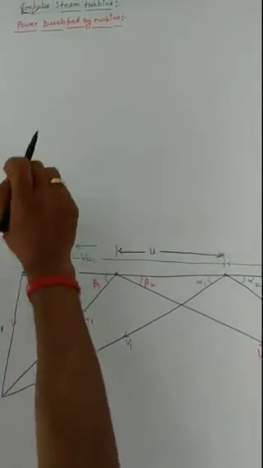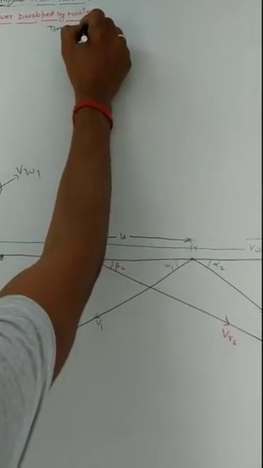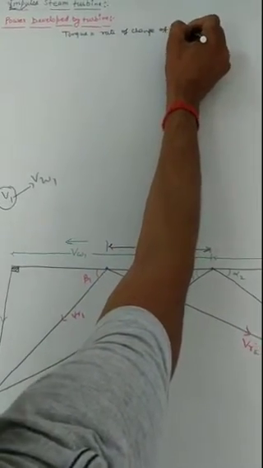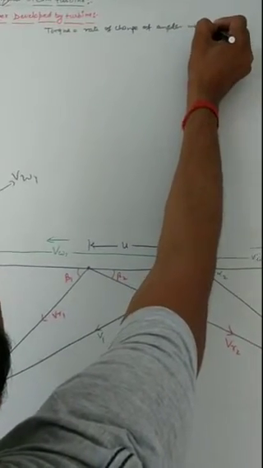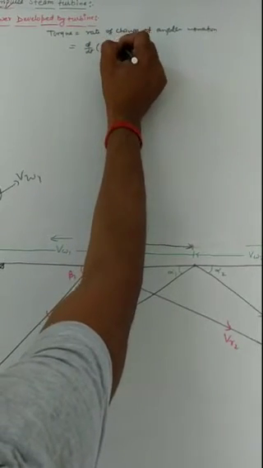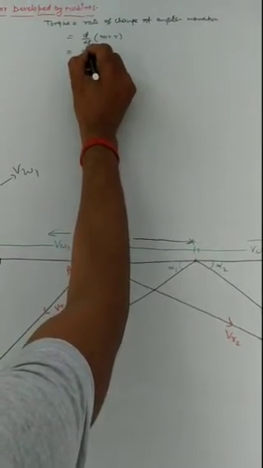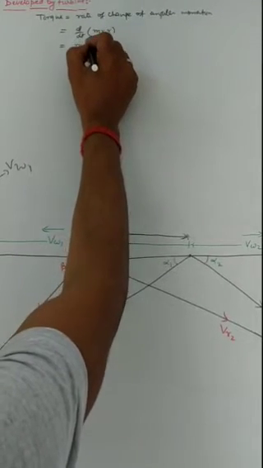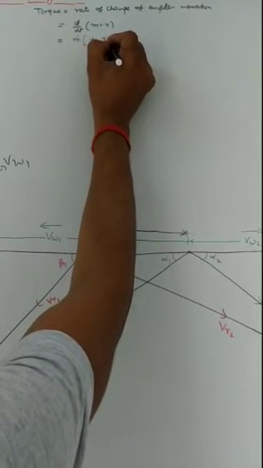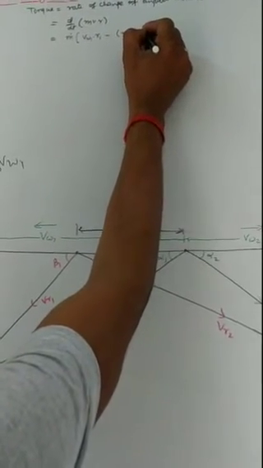So we also know that torque is equal to rate of change of angular momentum, which is also written as d/dt of mvr, equal to d/dt of m, the mass flow rate, and (VW1 into r1 minus VW2 into r2).